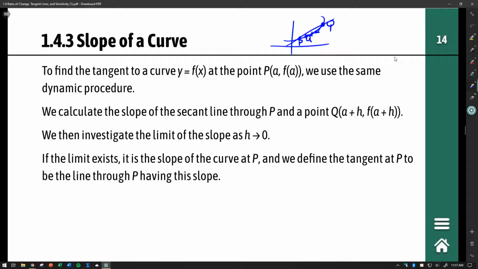So it's going to be the same x value plus some space h. And then we would calculate the y value by plugging a plus h into the function.